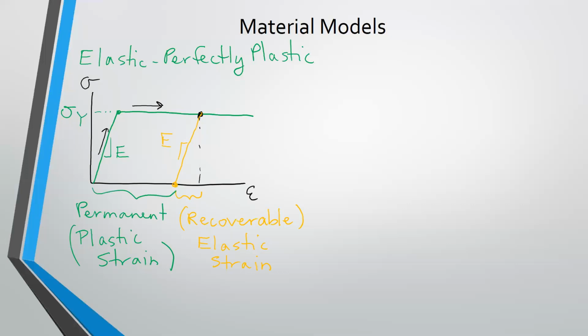But if you then take that over and you load it again and you push it into the plastic region going the other way, now it has a permanent deformation the other way. And you can do this over and over again. Eventually your material will fatigue, but it's interesting, at least to me, that it's a permanent deformation, but by loading it the other way, you can change it to a different permanent deformation. But the point is that if you load it and then unload it, you're going to have some remaining strain in your member.